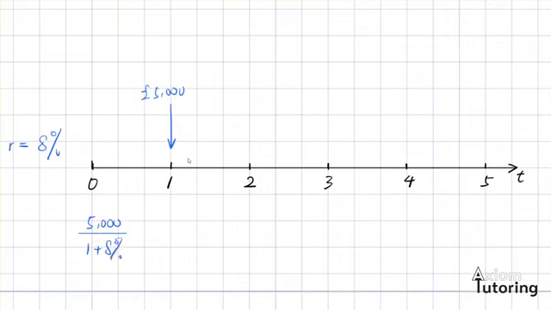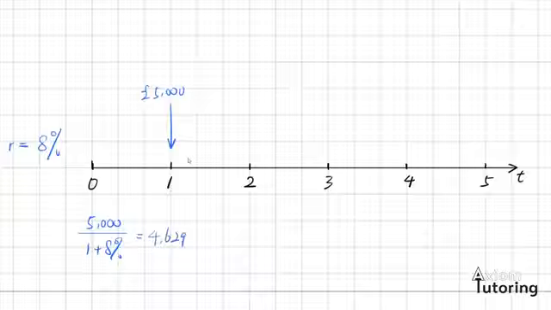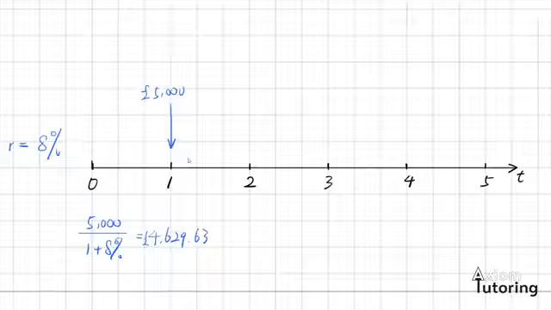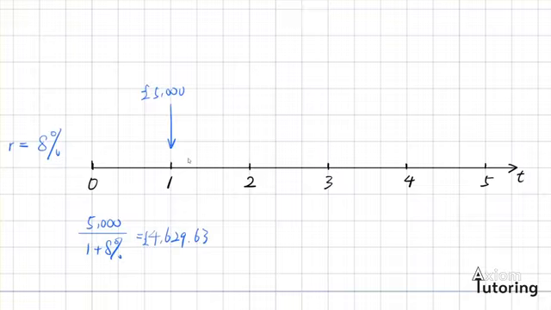So 5,000 divided by 1.08 is 4,629.63. That'll be pounds. This is basically saying £5,000 in 1 year's time at a discount rate of 8% is worth £4,629.63 today. What if I receive, let's say, £6,000 in 3 years' time, and the discount rate is the same?